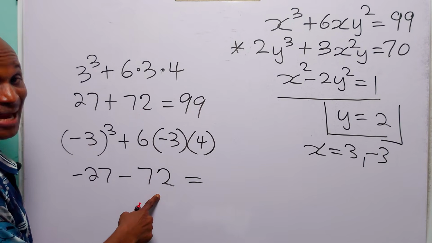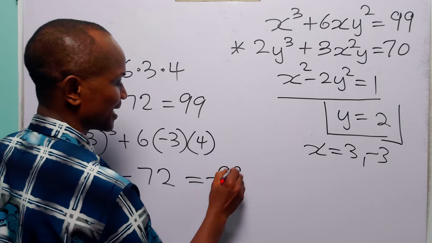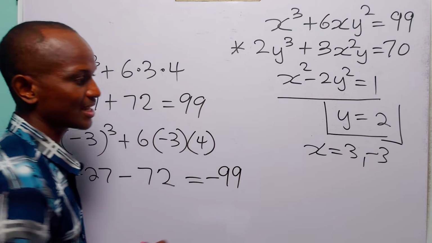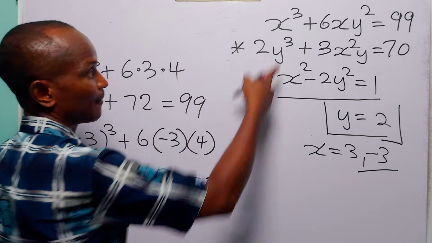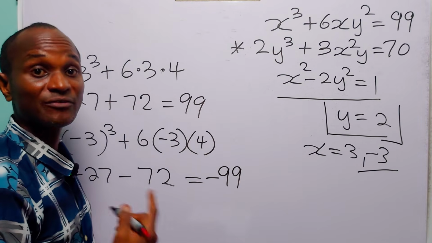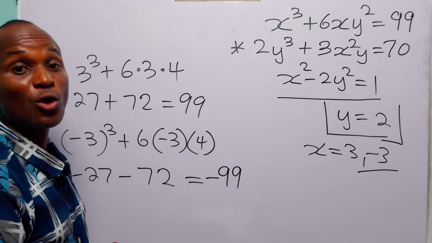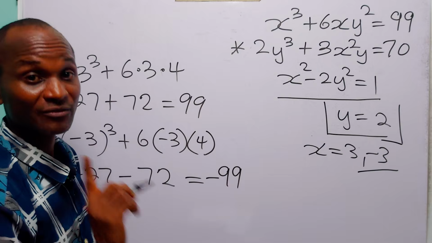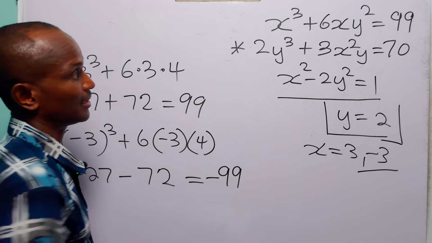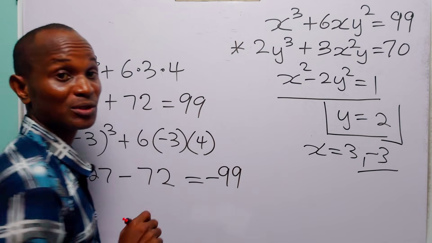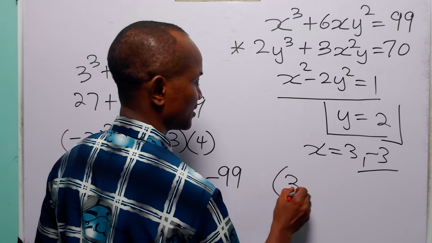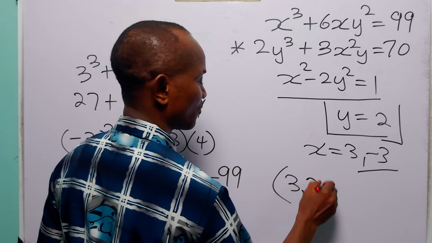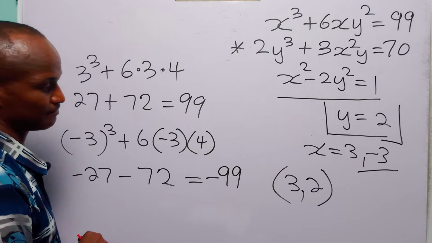Minus 27 minus 72 is equal to minus 99. So you can see that x equal to minus 3 does not satisfy any of the given equations. So the only two real values of x and y that satisfy these two simultaneous equations are x equal to 3 and y equal to 2.